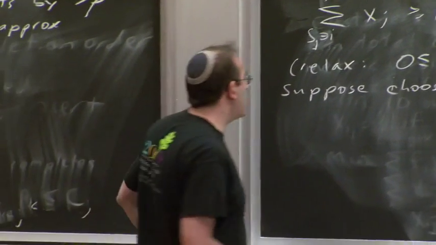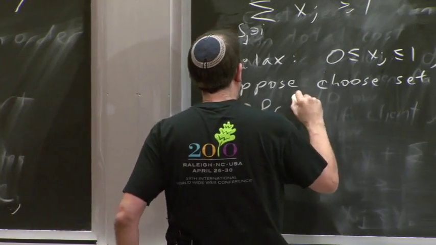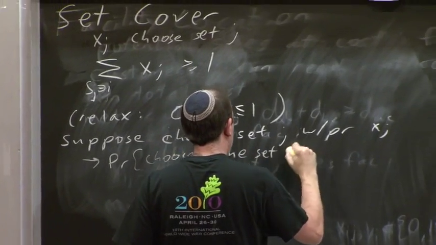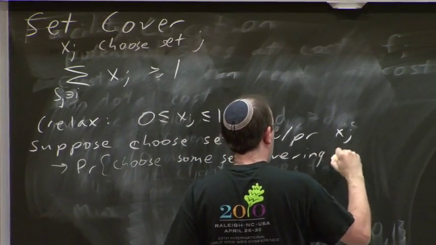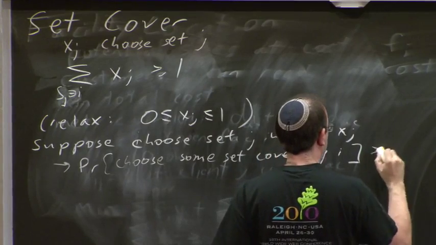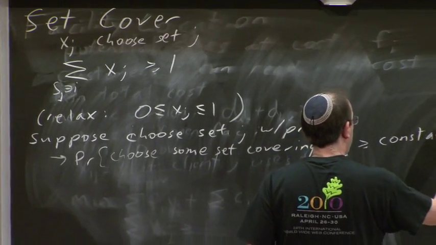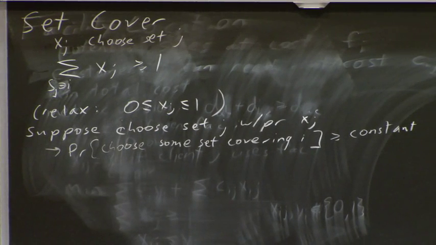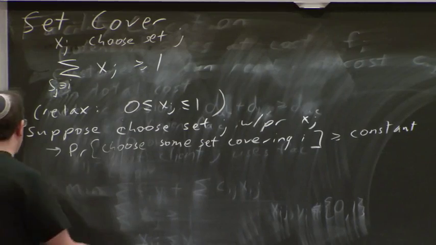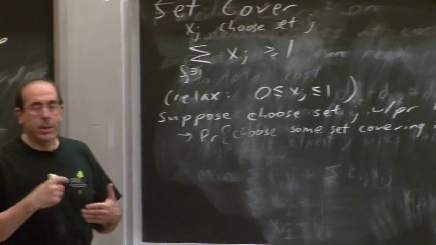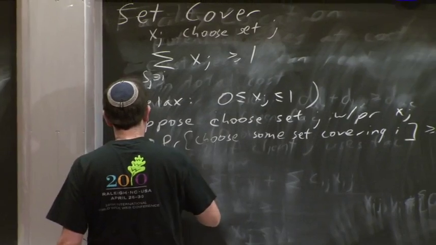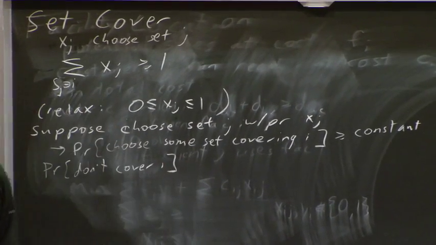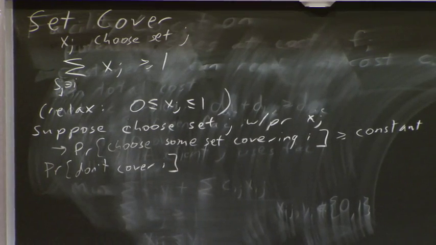But we'd like to say something a little bit stronger. What we can say is that the probability that we choose some set covering I is greater than or equal to a constant. Why is that? Well, let's look at the complement probability, the probability that we don't cover I. Can somebody express that probability in terms of the variables on the board?